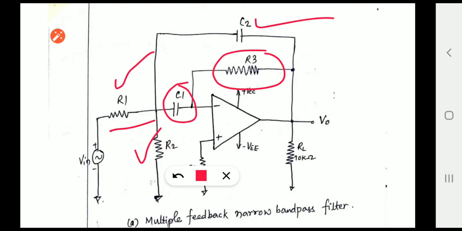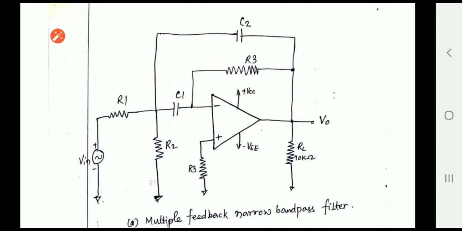Now it acts as an integrator circuit, because the capacitor is connected in the feedback path and the input resistance is R equivalent. The frequency response of an integrator acts as a low pass filter. So from this we can say that it is a combination of both high pass and low pass.